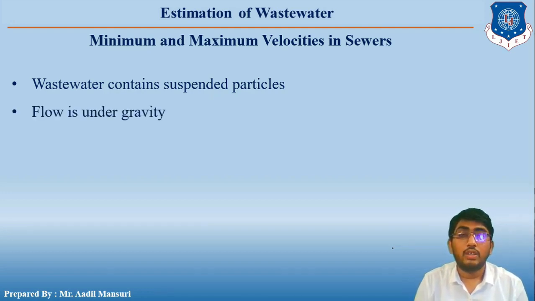The flow inside the sewer is usually under gravity, because we don't need extra energy supplied by a pump for the flow of sewage. So the sewer lines are laid such that a particular gradient is maintained and the flow is under gravity.